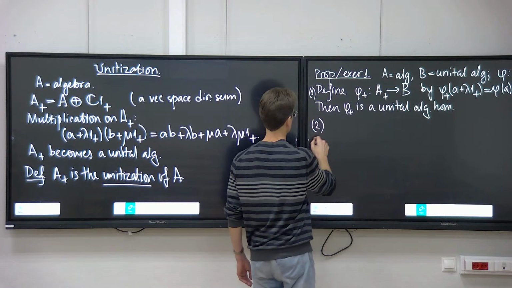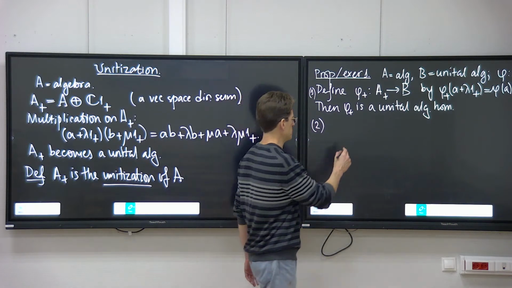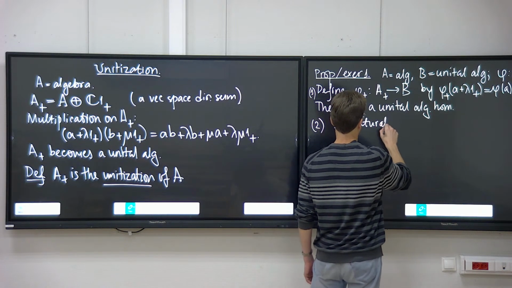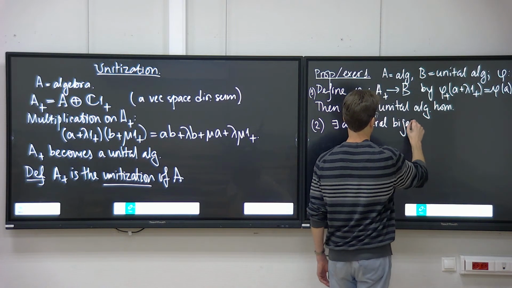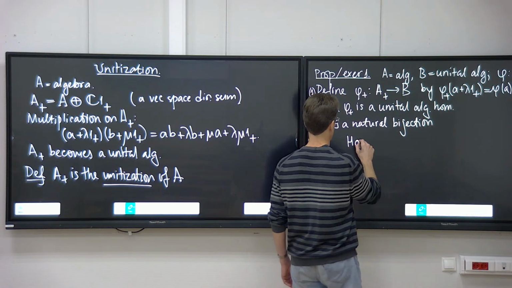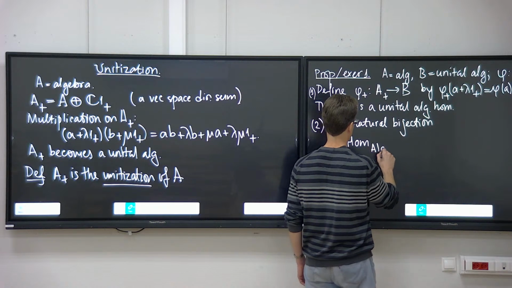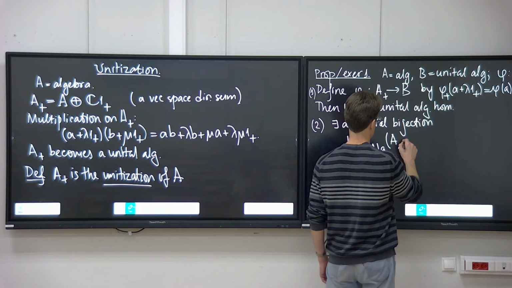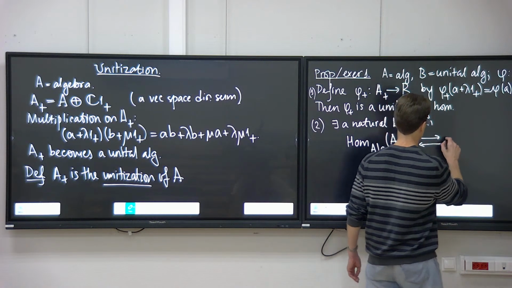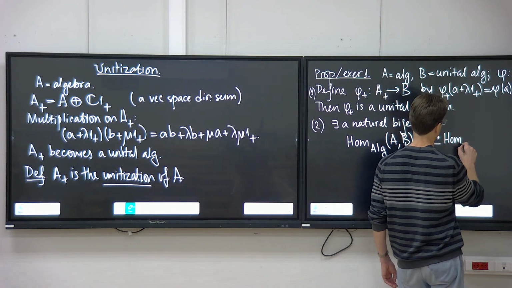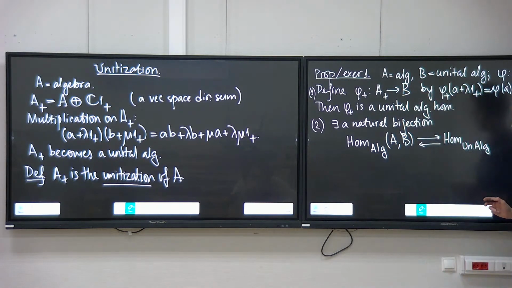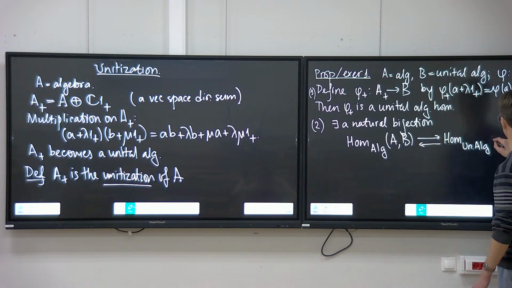And moreover, statement 2, we have a natural bijection between the set of all algebra homomorphisms from A to B and the set of all unital algebra homomorphisms from A plus to B.